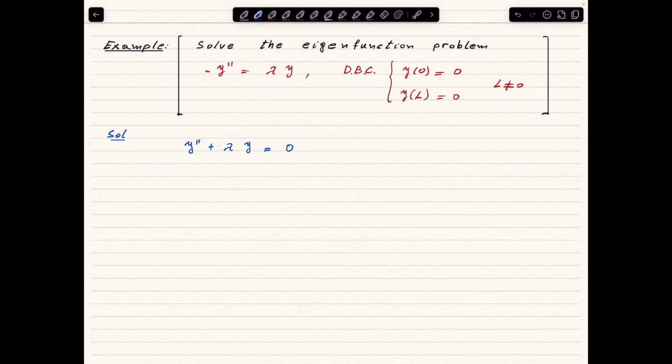So we have this equation, and when we have an equation like that, what do we do? Second order constant coefficient equation. Well, we look for solutions y of x of the form exponential rx. As soon as we do that, we obtain the equation r squared plus lambda equals 0, which is the characteristic equation. So this is the characteristic equation.